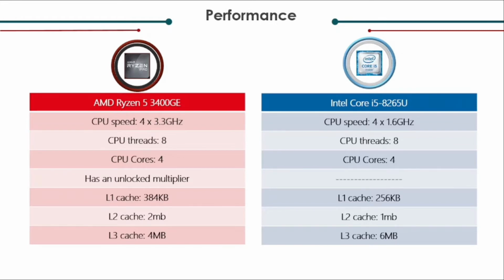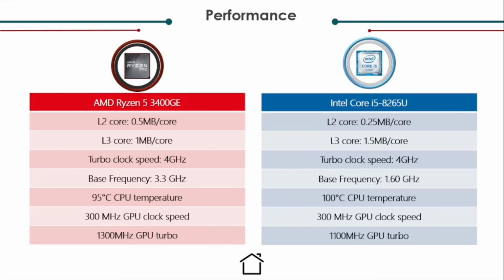For the L3 cache we have 4 MB, and for the Intel Core we have 6 MB. For the L2 core, we have 0.5 MB per core for the AMD Ryzen 5 3400GE, while for the Intel Core i5-8265U, we have 0.25 MB per core.